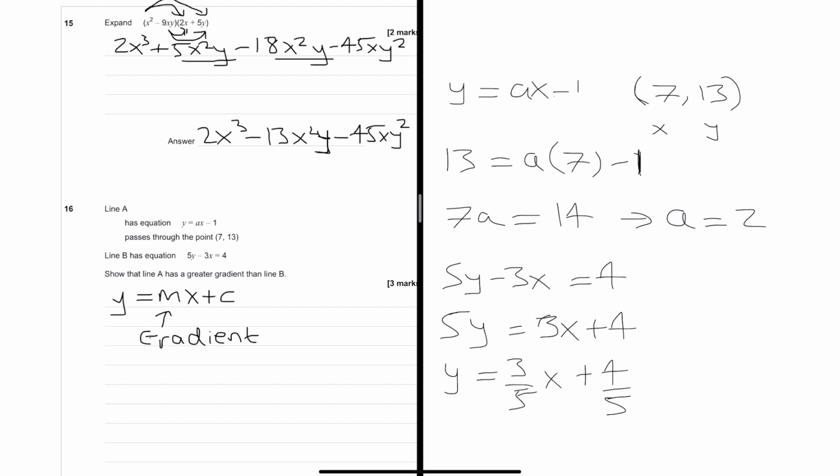So this means that the gradient here is equal to 3/5. So going back to our question, is the gradient of line A greater than the gradient of line B? Well, what we're asking is, is 2 greater than 3/5? Yes, it is.